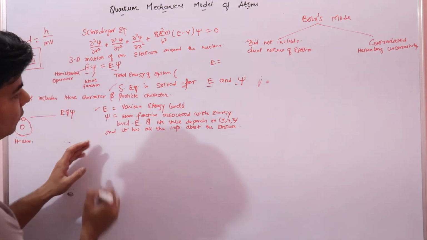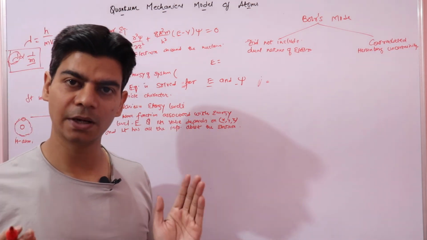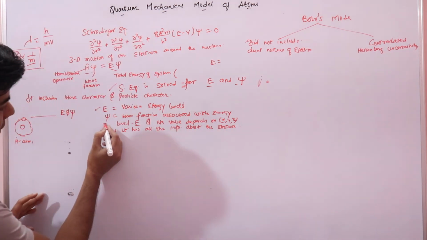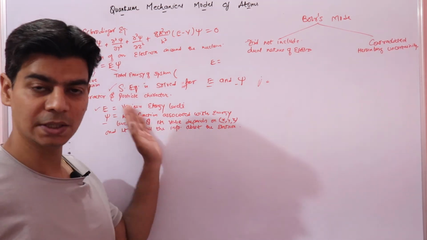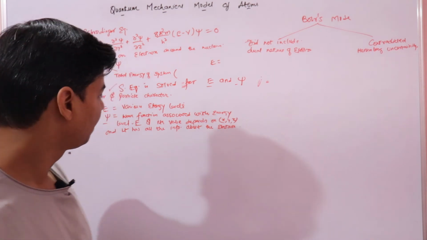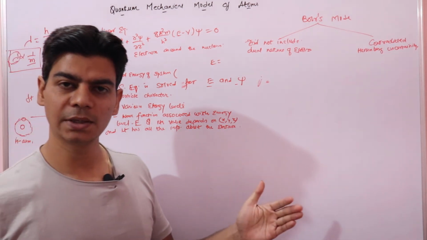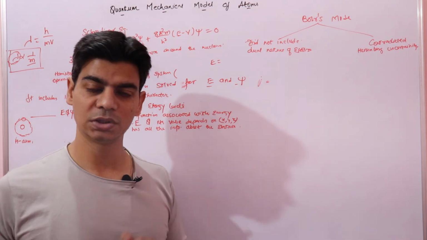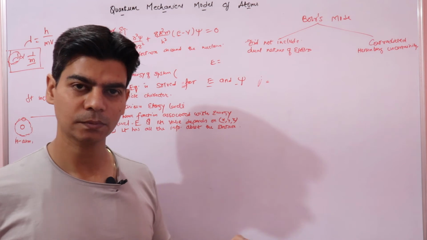The value of E will tell us about the various energy levels or energy states in an atom, and this psi, which is a wave function associated with each of these energy levels, depends on the coordinate axes x, y and z, and the most important thing is it has all the information of the electron, right?